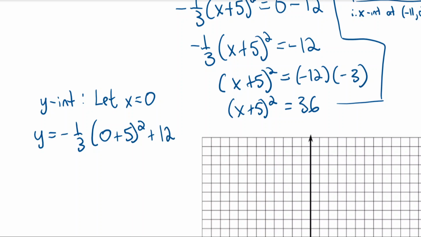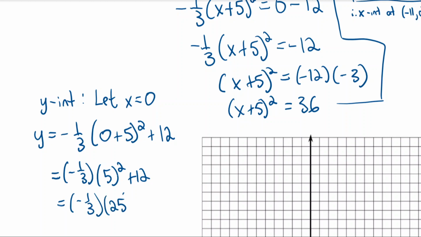All right, so let's figure out what this is. So we got negative 1/3 times 5 squared, then we got to add 12 to that. We got negative 1/3 times 25 plus 12.